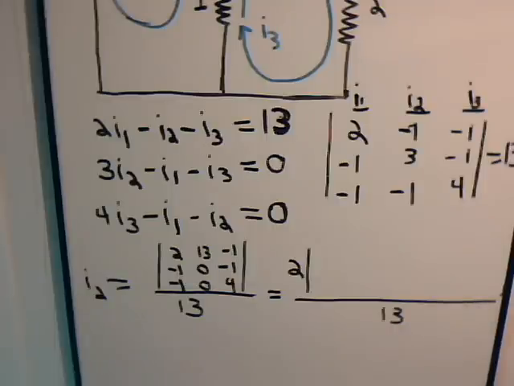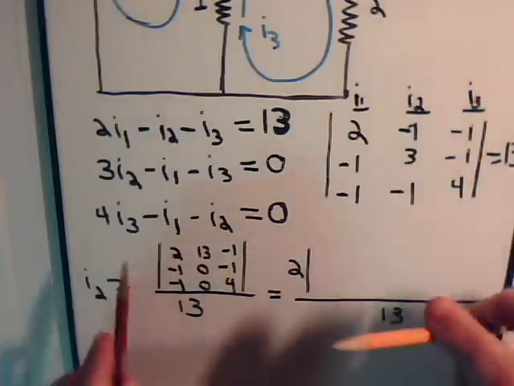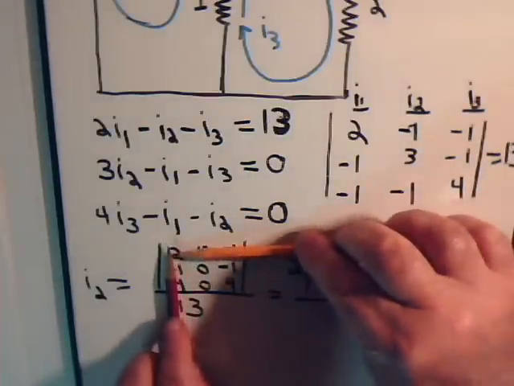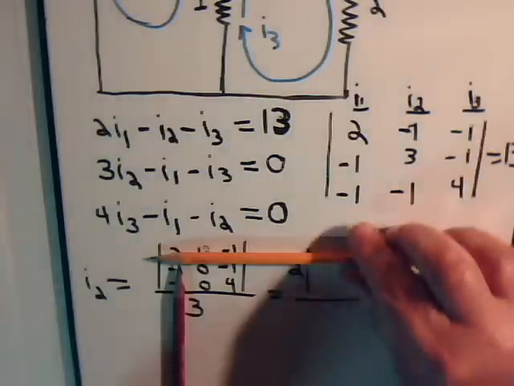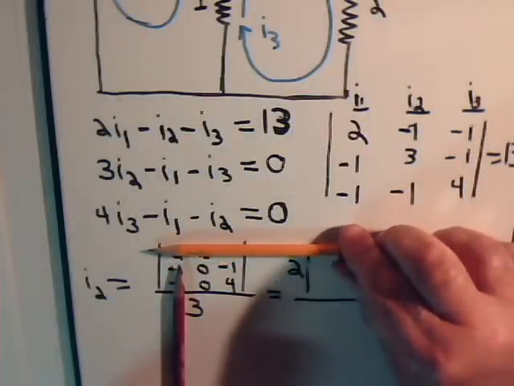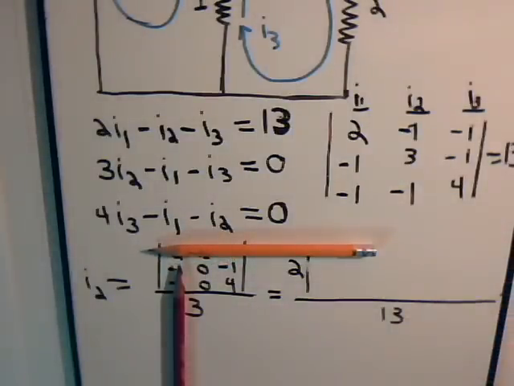So let's go on and see if we can finish this off. Here we have 2 times this subdeterminant, which has 0, 0, negative 1, 4, and clearly that's going to have a value of 0 because 4 times 0 is 0, minus 1 times 0 is 0.